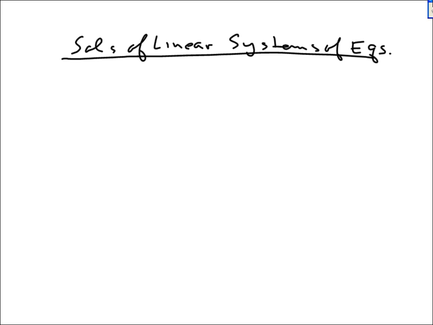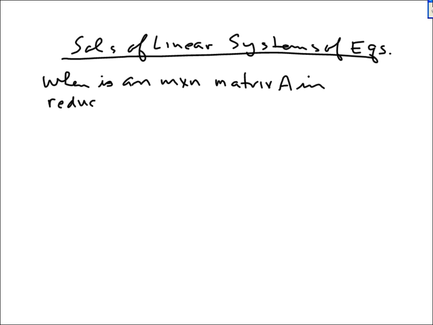First, we have to talk about when our matrix is in what is called reduced row echelon form. Let's formally write that. When is an n by n matrix A in reduced row echelon form?